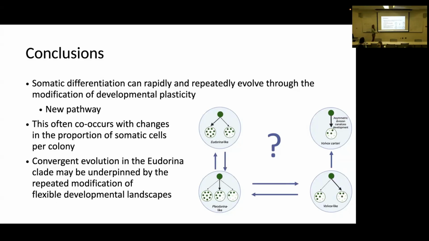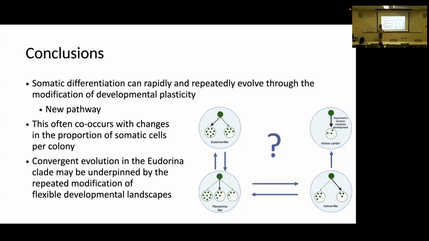Then in some lineages, we see the evolution of this derived developmental program called asymmetric division. This is what Volvox carteri has. And in the EVP clade, when asymmetric division evolves, you never see the secondary evolution of, say, Pleodorina-like morphology. You get terminal differentiation.